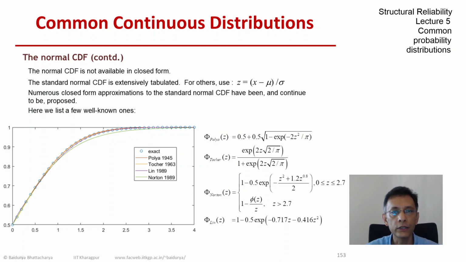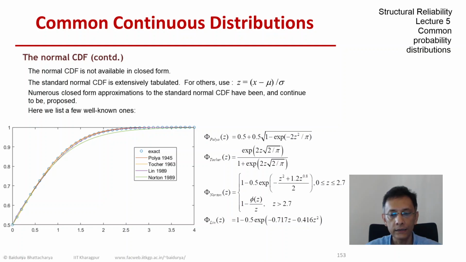As you can see, these are also starting from 0 and higher values of the standard normal deviate, and most of them are quite satisfactory, and some of these can be used in a very convenient manner when you're trying to solve problems involving the normal distribution.